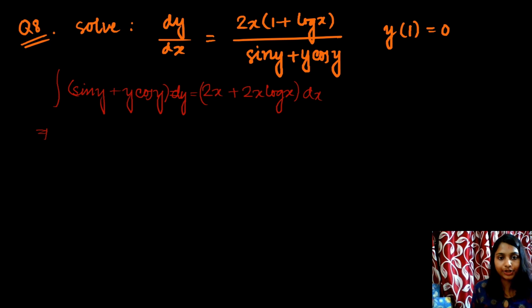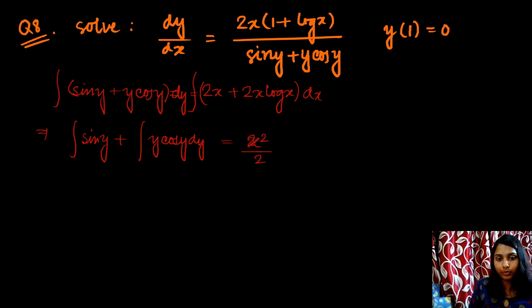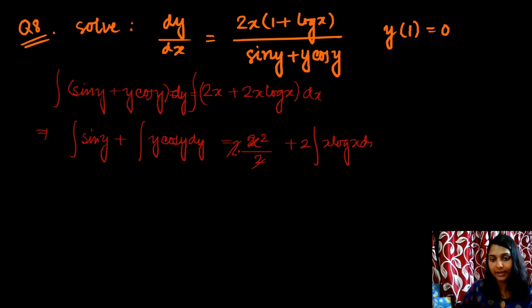So if we take the integration, integration of sin y plus integration of y cos y dy equals to, so let me write it here, x square by 2. So the integration of 2x, the integration of x is x square by 2 and there is another 2, so it will get cancelled out, and there is 2x log x dx.